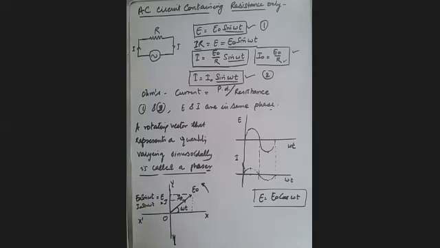As this phasor rotates, suppose in the anti-clockwise direction, the values of E and I keep on changing, and these are shown along the same direction because there is no phase difference between E and I. So I naught and E naught are making the same inclination omega t with the x-axis.